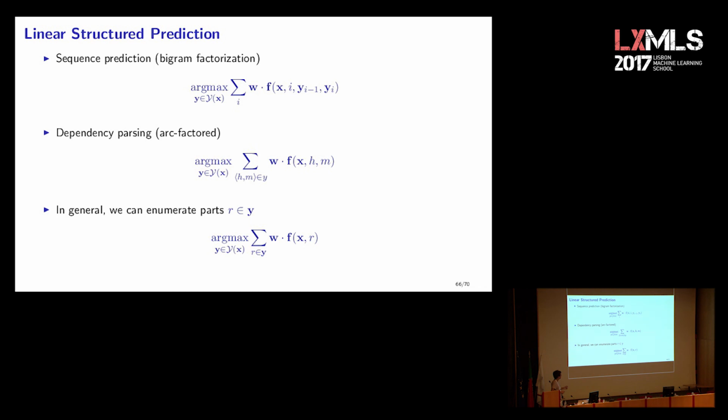So I have structures which decompose into parts. I define features on parts, and I define a way to find the best structure given scores on parts. If I want more expressive models, I make my parts bigger, or smaller. But you have to work out the algorithmics.